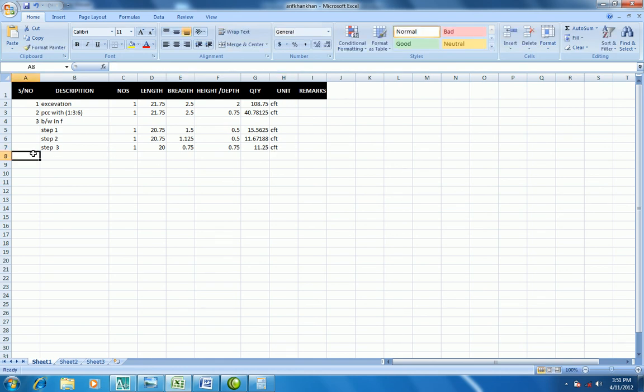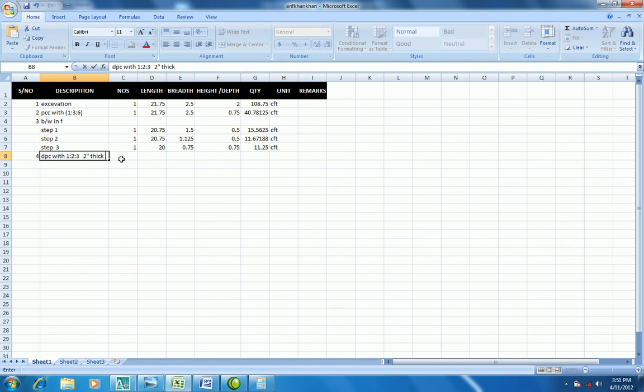So in pour position we have to print out the quantity of DBC, with 1:2:3 and 2-inch thickness for DBC.